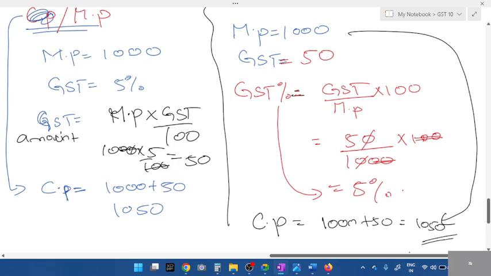These are the two types of questions you'll get. One, we have to find the percentage. The other one, we have to find the GST amount. Two types of questions.